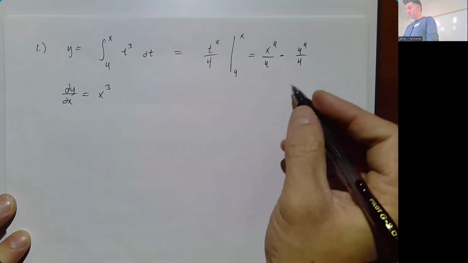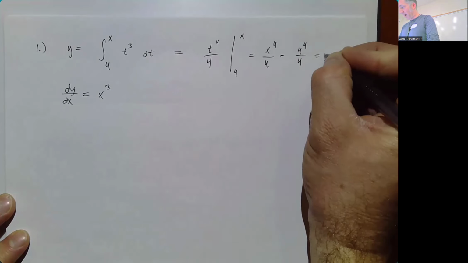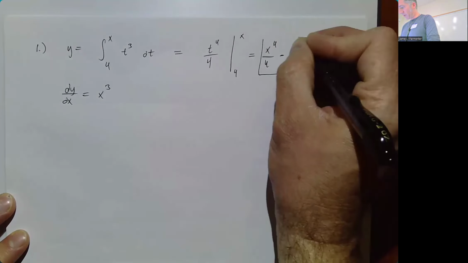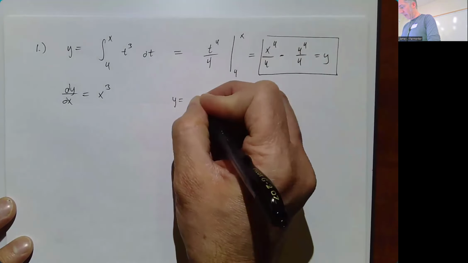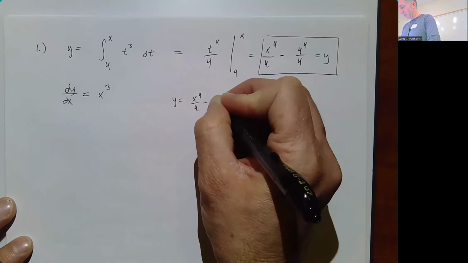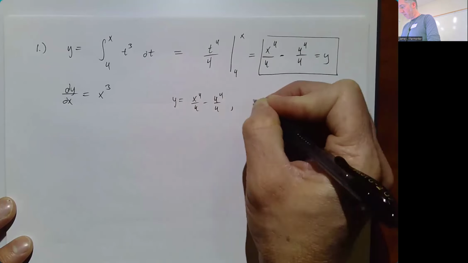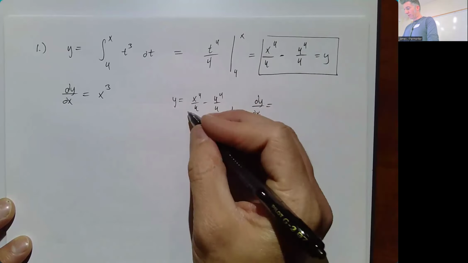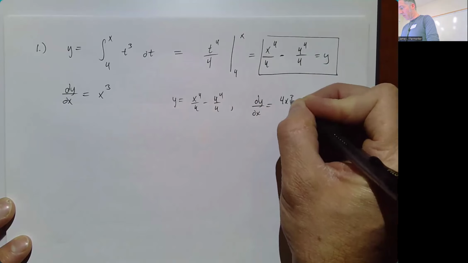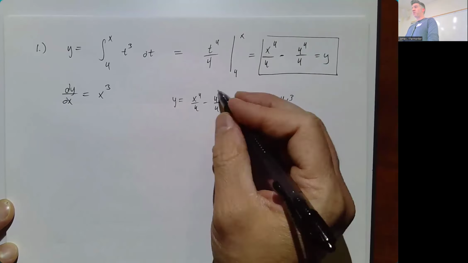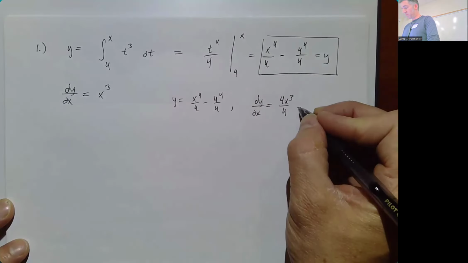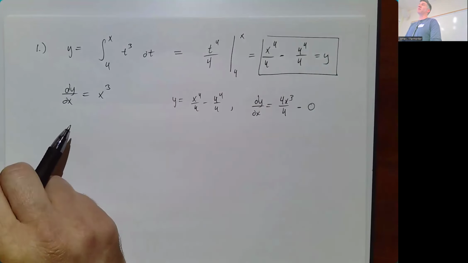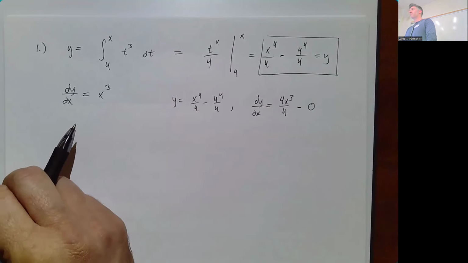And then if I want to find the derivative of that, because that is what my y is equal to, well then, if y is equal to x to the 4th over 4 minus 4 to the 4th over 4, the derivative of x to the 4th over 4 is going to be 4x cubed over 4. And the derivative of 4 to the 4th over 4 is 0, because it's a constant, and the derivative of a constant is 0.